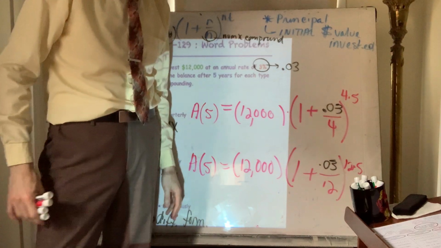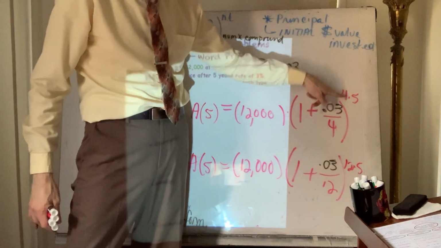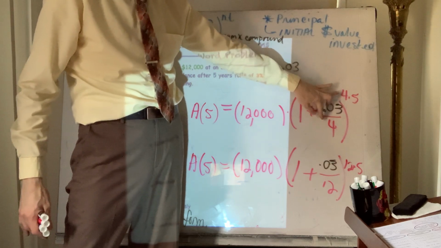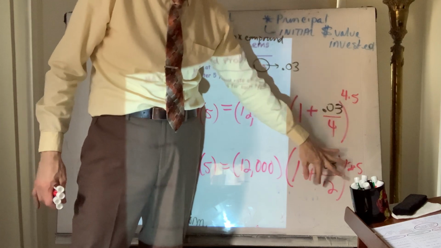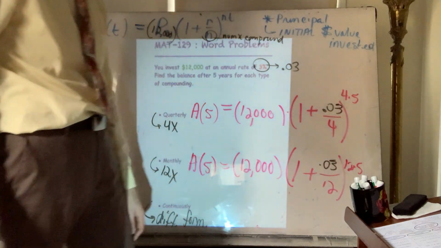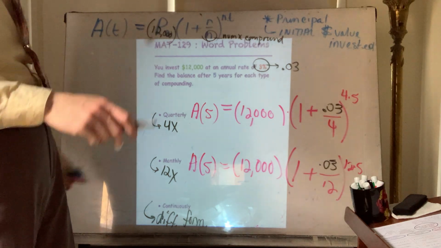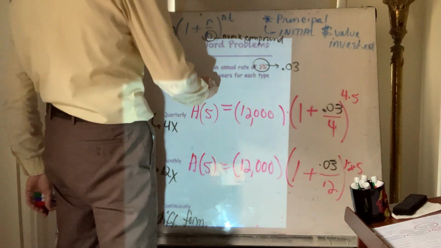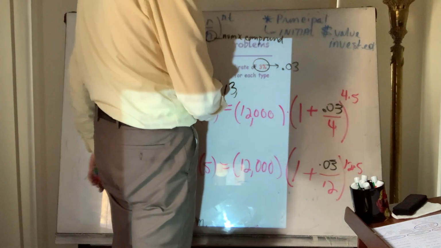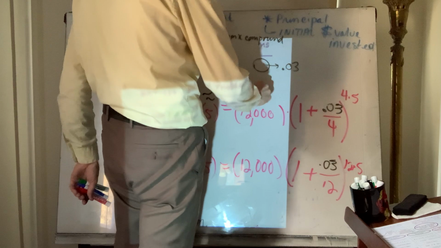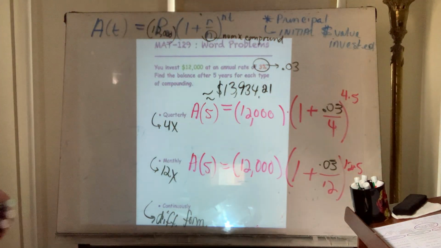That's the only difference between these. The n values, the number of times compounded, would be 4 in the first case and 12 in the second case. The way this works out, an investment in this scenario would be something like $13,934 and maybe 21 cents if rounded to the hundredths place.